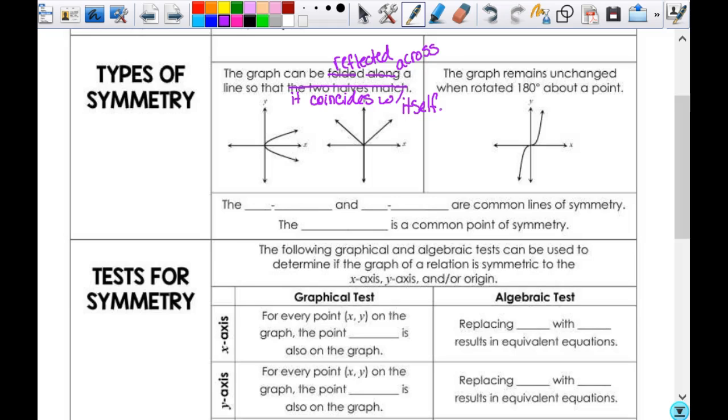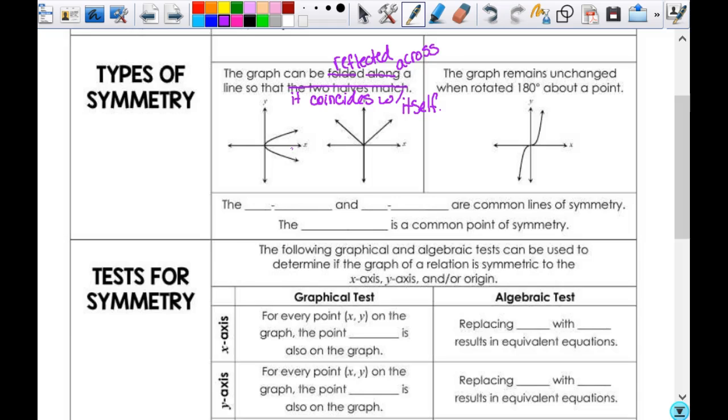So a coinciding line would be when your equations looked different, but you graphed the line and then you graphed what you thought was another line and it just graphed right on top of it, right? So it was actually the same one. Those two lines coincided. So if you have two things and they coincide with each other, then they're at the exact same place. So that's what's happening here with that little groove, right? If I pick this up and I reflect it and I put it back down, it's coinciding with itself, basically saying it's going to look exactly like it does right now. You with me on that?